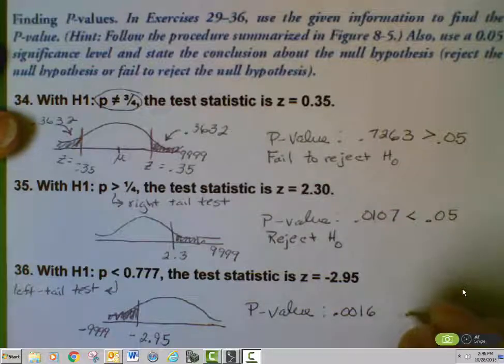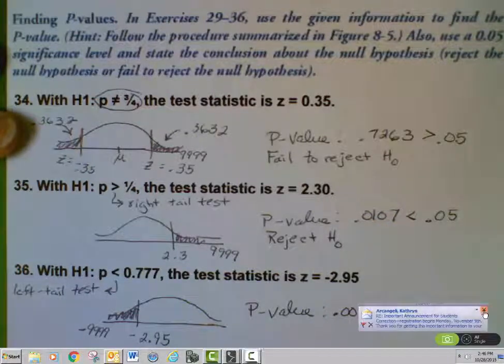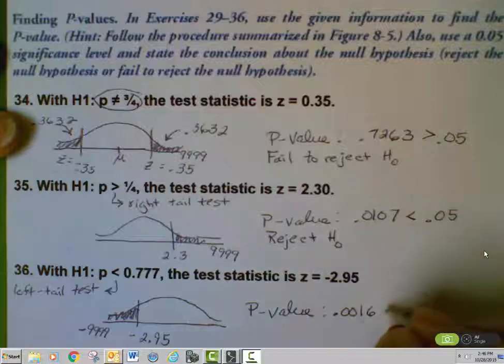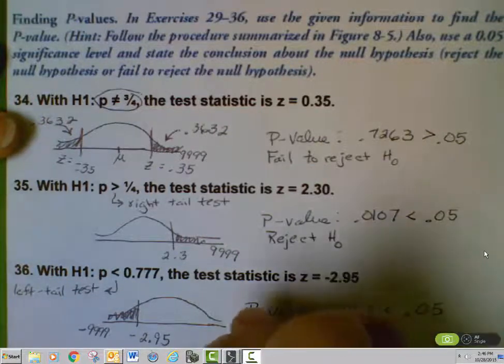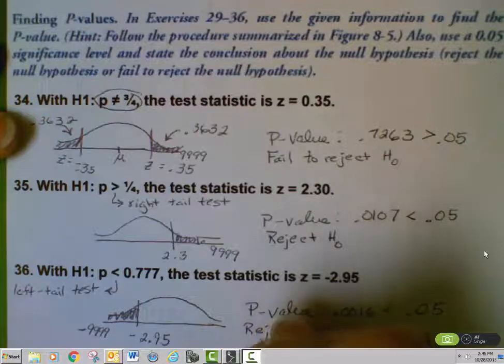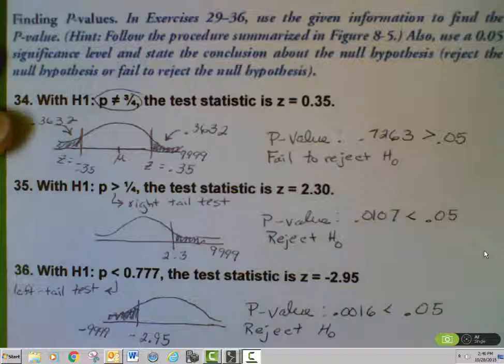Compare that to the significance level of 0.05. 0.0016 is less than the significance level. And again, if p is low, the null must go. We have to reject the null hypothesis.